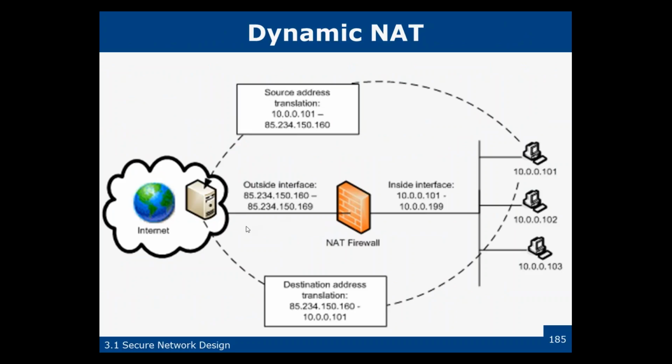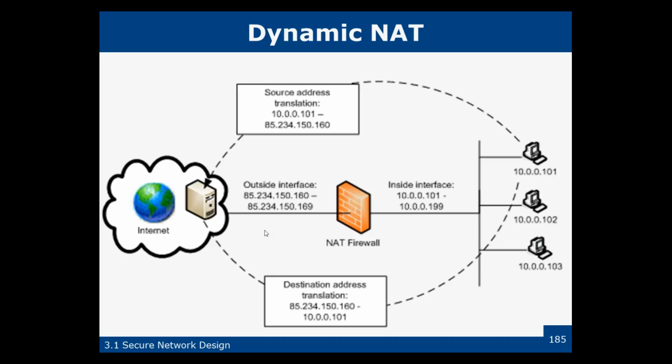instead of using static one-to-one mappings, uses a pool of addresses. We create a pool, and then we tell the router, in the Cisco rules, which private IP addresses can get NATed to public IP addresses, and it takes the next available one out of the pool.